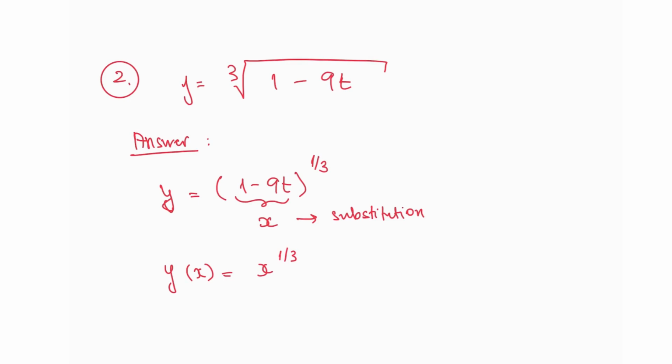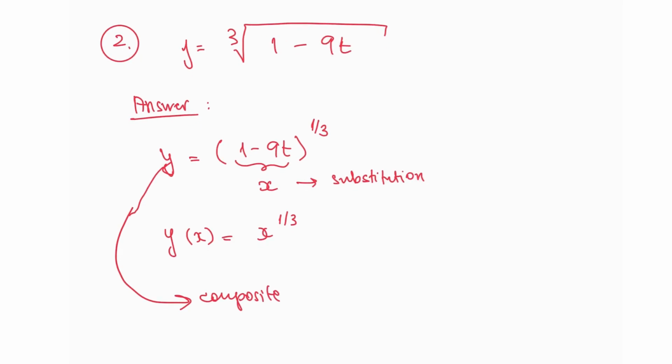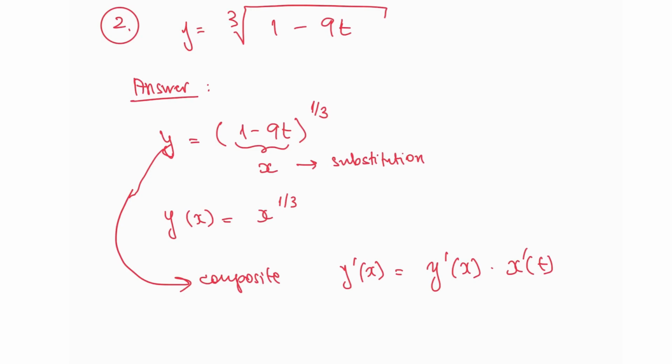Now y is a composite function. So y prime will be equal to y prime of x times x prime of t, because we have taken x to be x of t, which is 1 minus 9t.